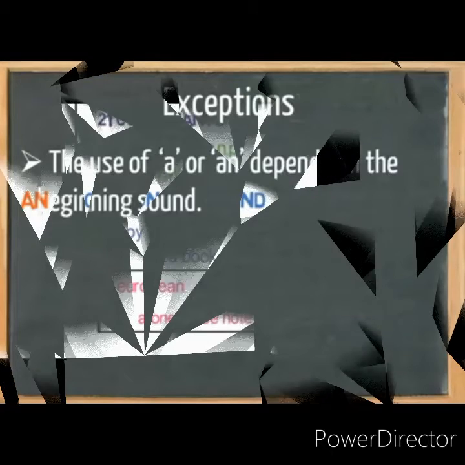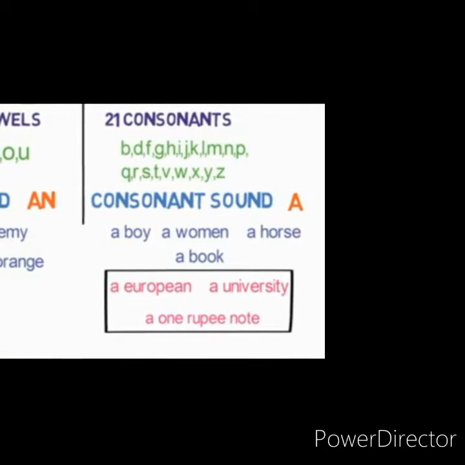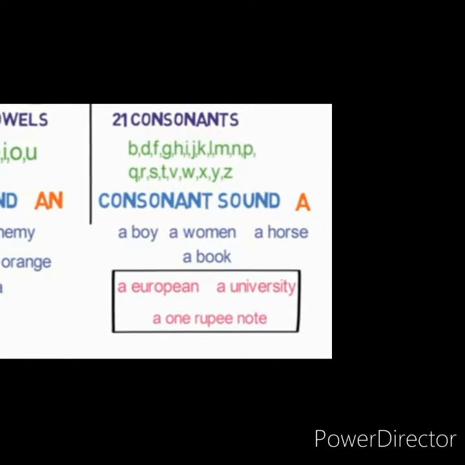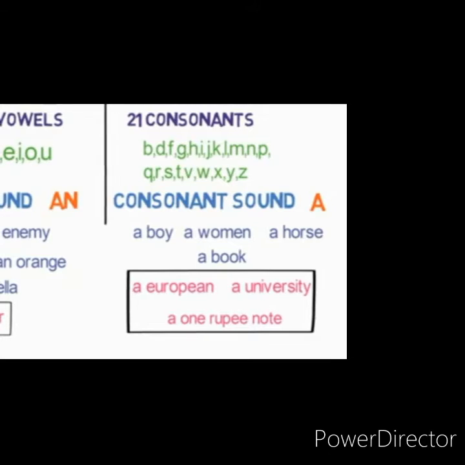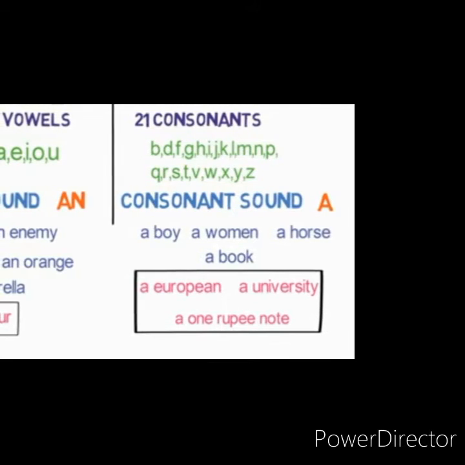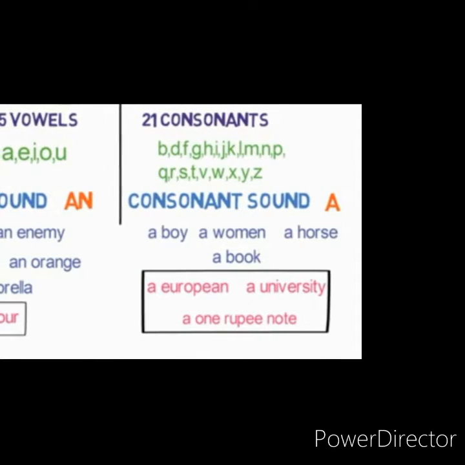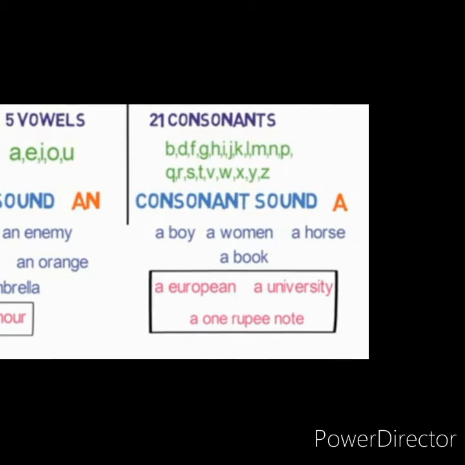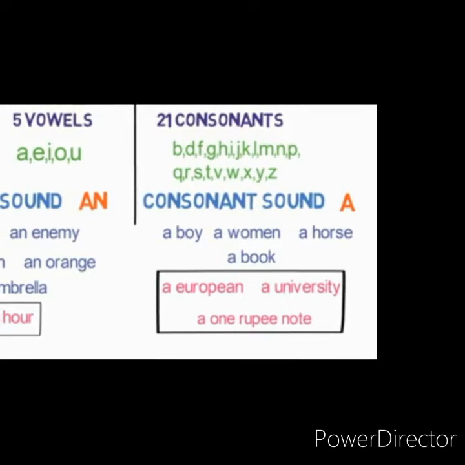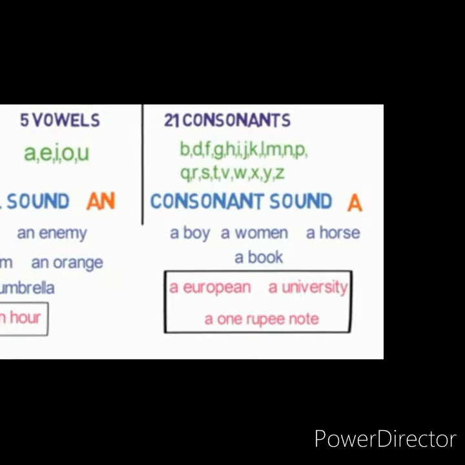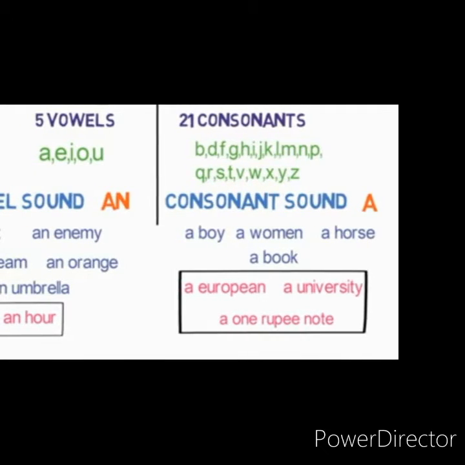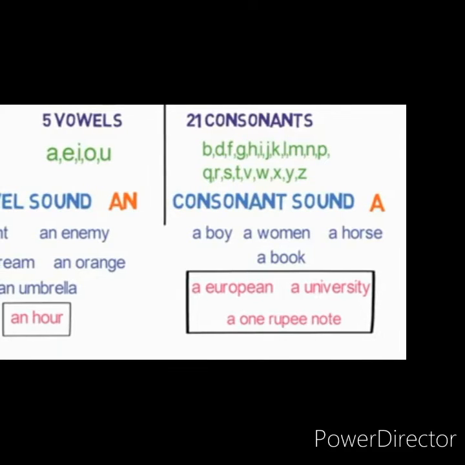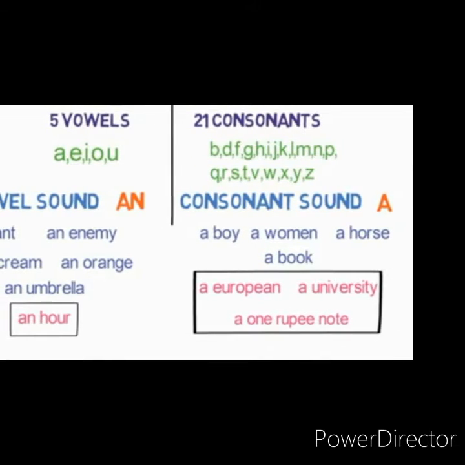Now see these words: a European, a university, a 1 rupee note. These all words start with a consonant sound. That is why we have used article a before these words.